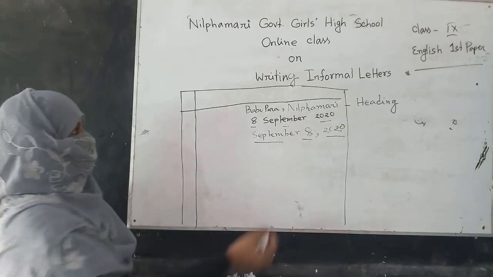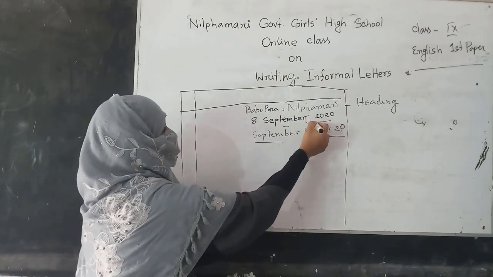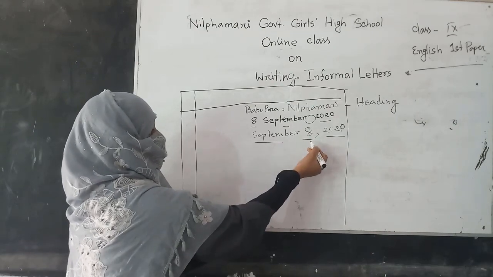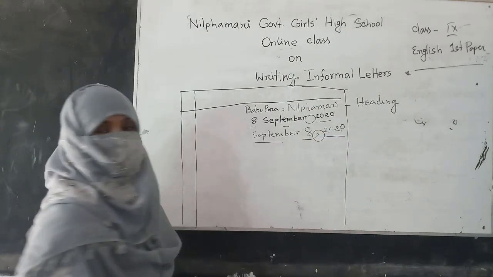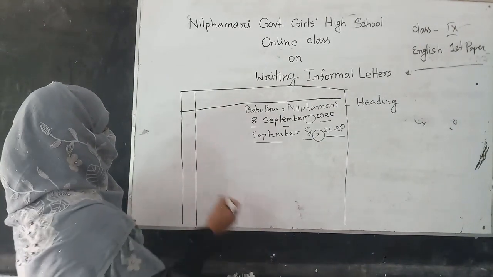Okay students? And if you write the date first, then you need not write a comma. But when you write the date after the month, then you have to put a comma. These are the points you have to notice.